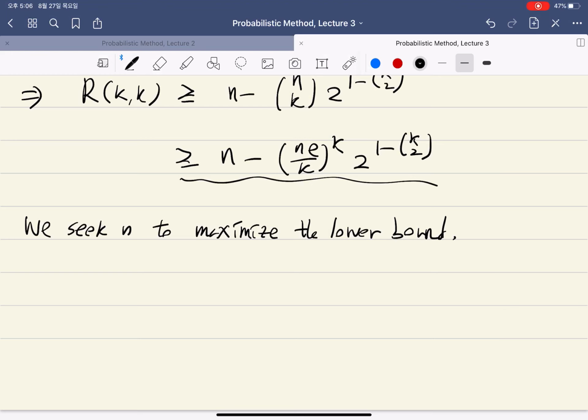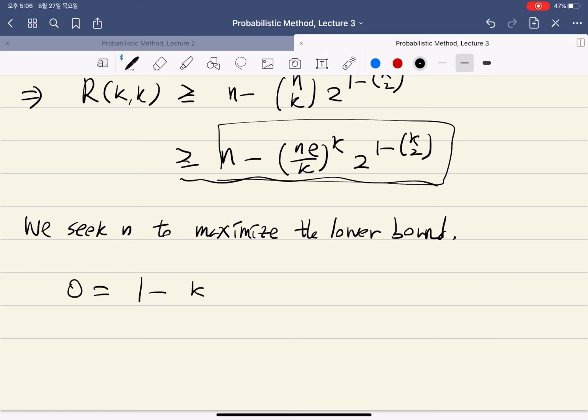When a function is given and we want to maximize, the first thing we do is take a derivative. You consider this as a function of n, take the derivative and let it equal 0.